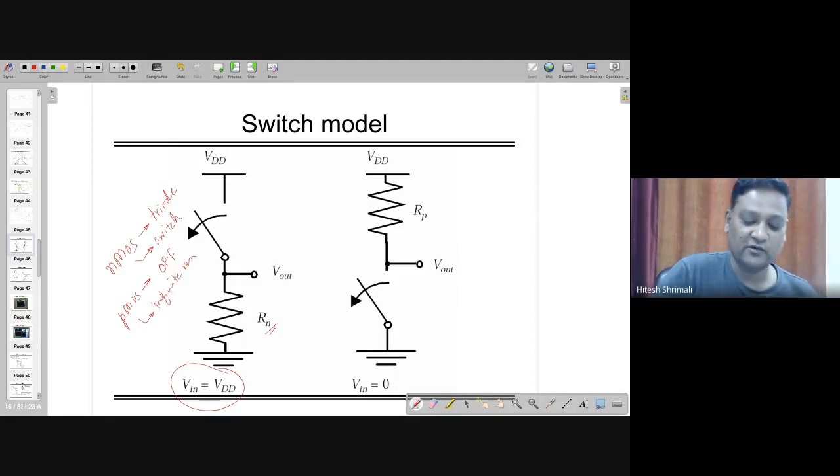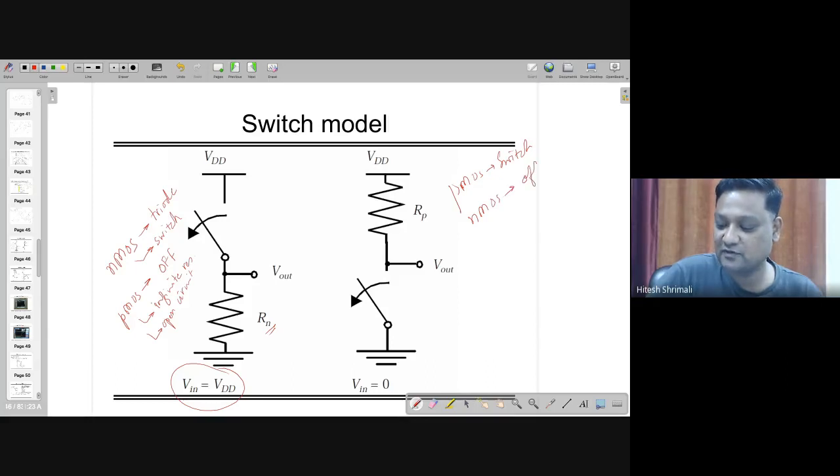So it's as good as an open circuit. And similarly here, when Vin equals 0, this PMOS acts as a switch, whereas NMOS is in off state, right? So these two are the possibilities.